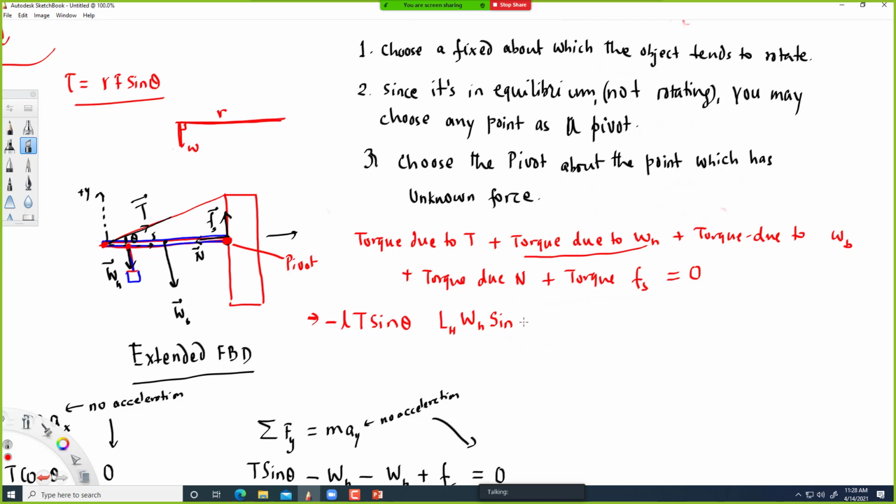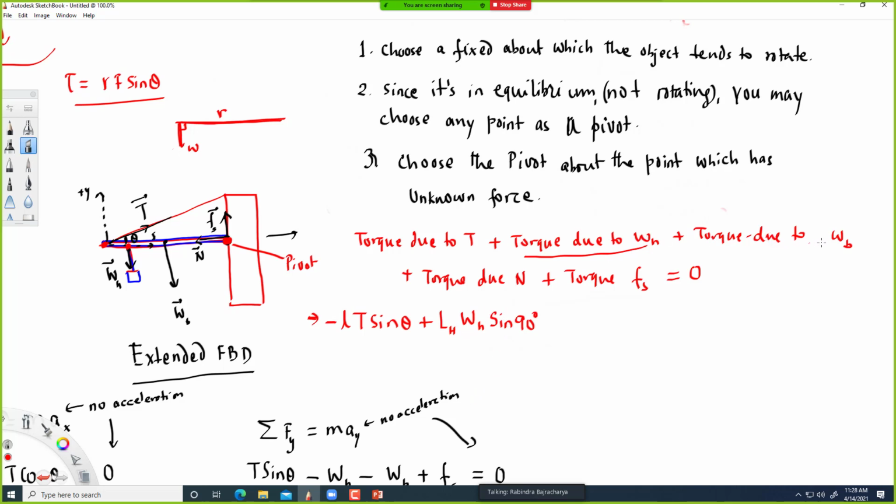Yes, so that's 90 degrees. Now, does it produce the rotation in clockwise or counterclockwise if this is a fixed point? Counterclockwise, yeah. Oh, wait, no, it will rotate like this. Yeah, it's counterclockwise, so that means it's positive. Okay, so that's the torque produced by WH.